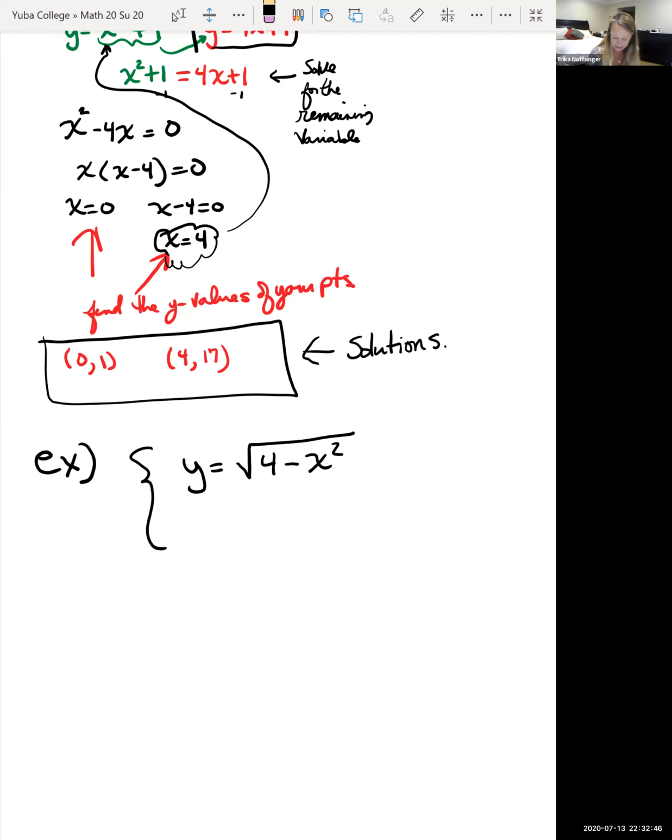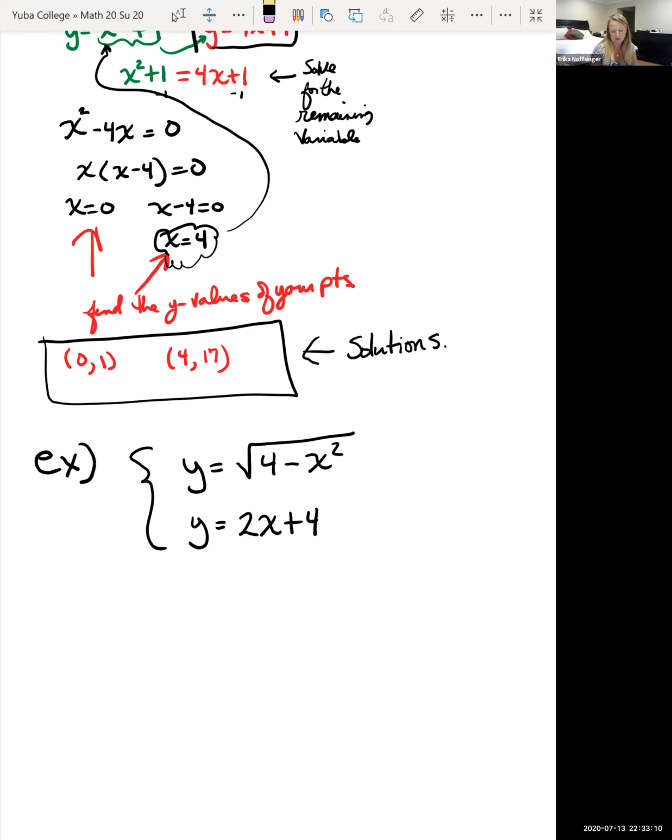And we have y is equal to 2x plus 4. Okay, so I want to graph this. This one's a little more difficult to see what it is.